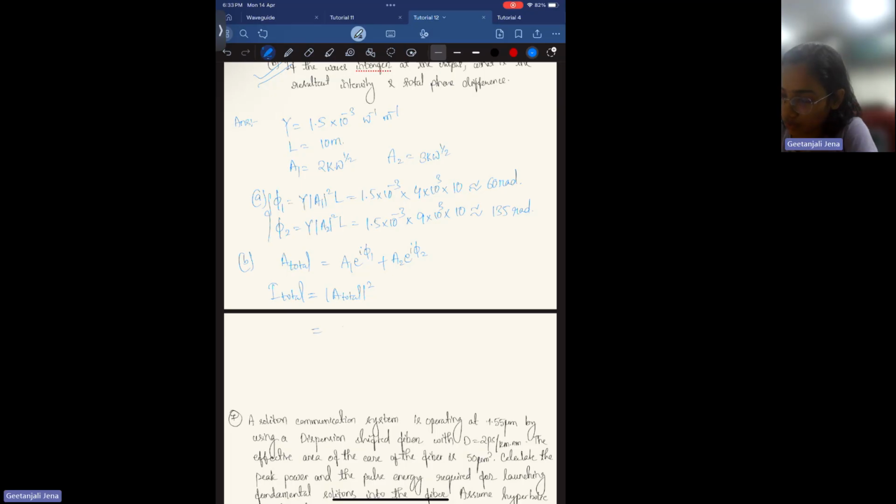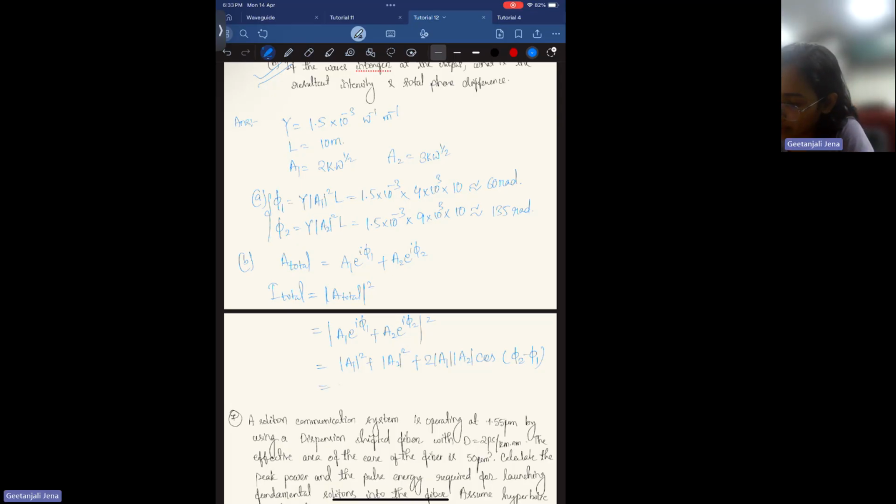So this is equal to the square of A total, which will be the magnitude of A1 e to the i phi 1 plus A2 e to the i phi 2, squared. So this will give A1 square plus A2 square plus 2 mod A1 mod A2 cos of phi 2 minus phi 1.